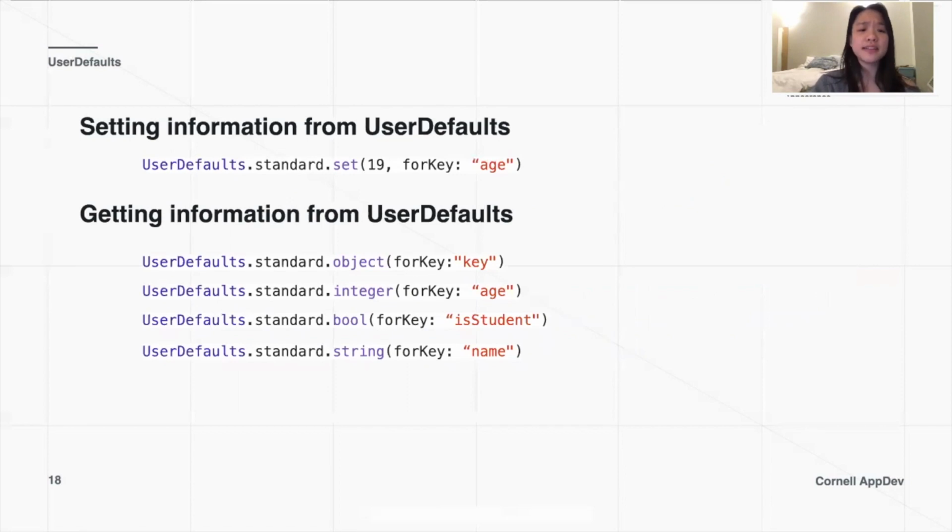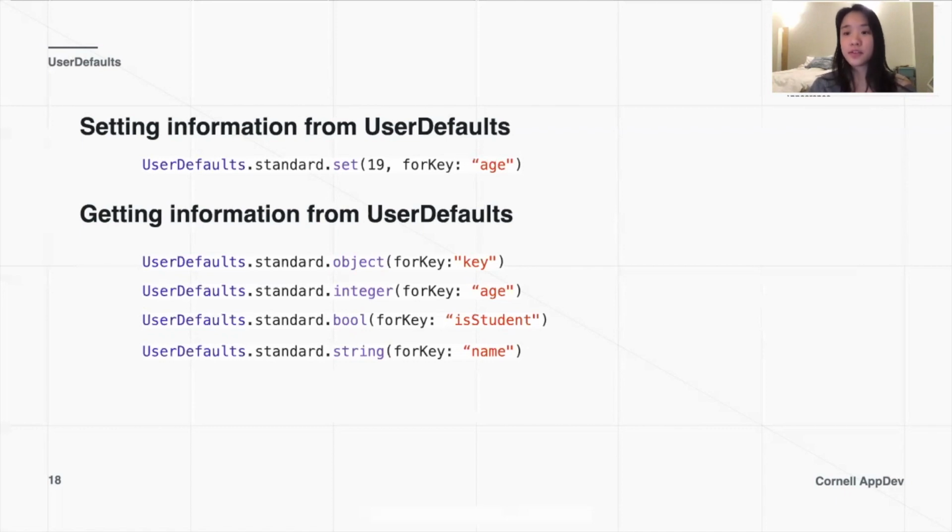So setting and getting from user defaults, similar to past lectures, you can use userdefaults.standard.set for setting information, and then there are different ways to get information, with .object being what is normally used if you don't know what the type of the value is associated with the key. But if you know that it will be an integer, a Boolean, or string, you can use .integer, .bool, or .string.